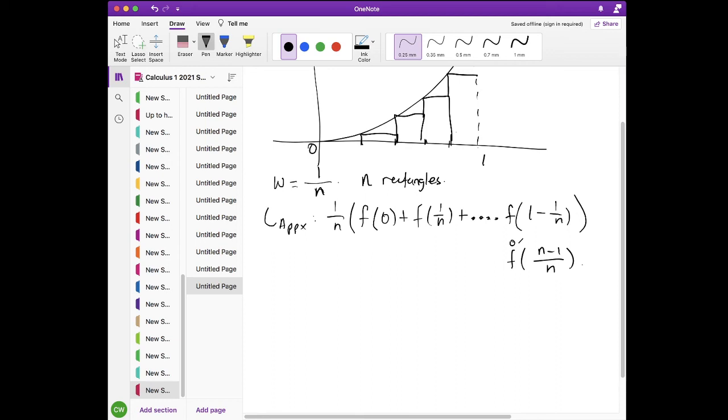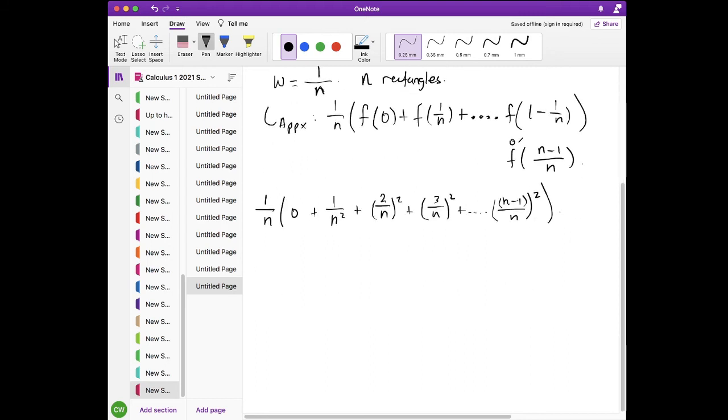Okay, so what is this? This is 1 over n, and then we have 0 plus 1 over n squared plus, what's the next one, 2 over n squared, then 3 over n squared, plus n minus 1 over n squared. As I write it out, what's common between all these terms?